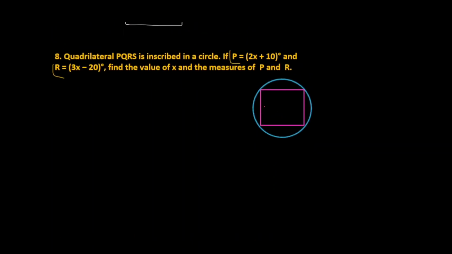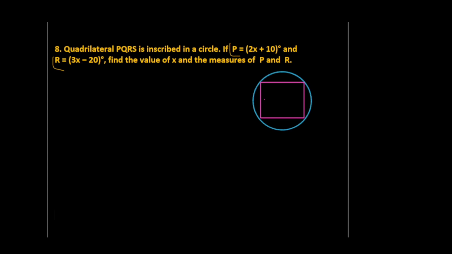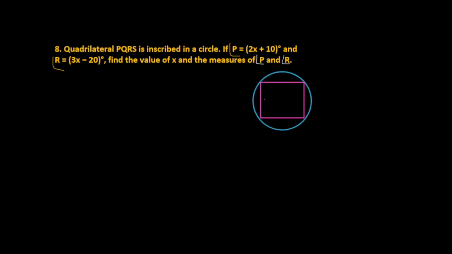Next question, a quadrilateral PQRS in a circle. Angle P is given, angle R is given. Find the value of x and measure angle P and angle R. So let's take the vertices PQRS. Here angle P is given as 2x plus 10 degrees and angle R is given as 3x minus 20 degrees.